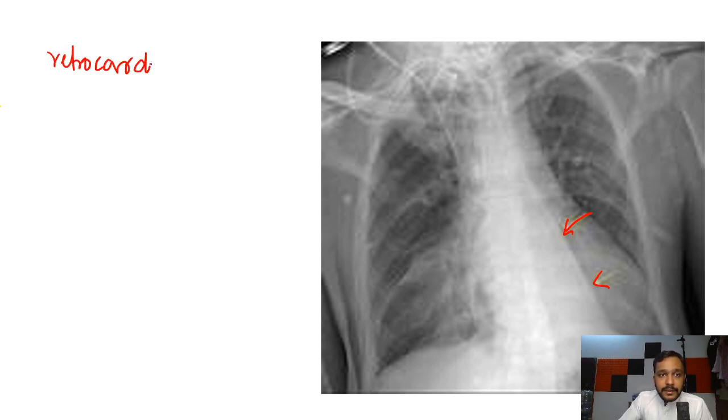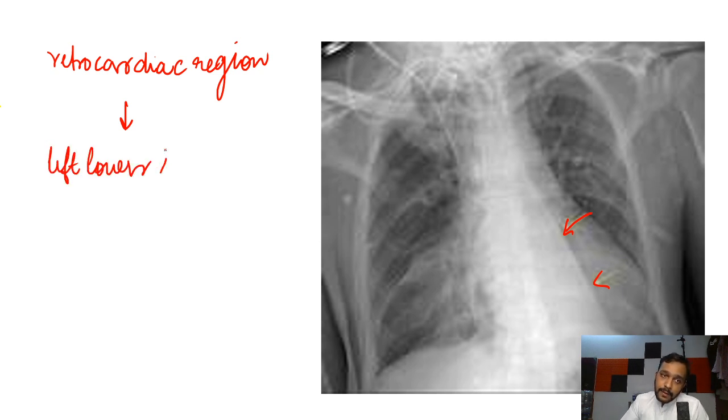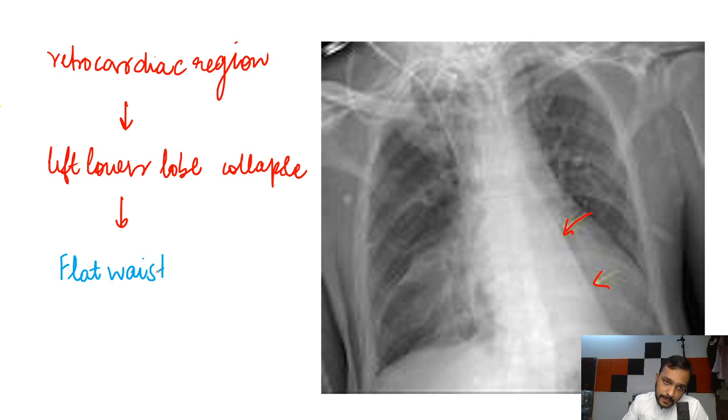Remember, this retrocardiac region is one of the hidden areas of the lung, and this signifies left lower lobe collapse. Okay, and the name of the sign is flat waist sign.